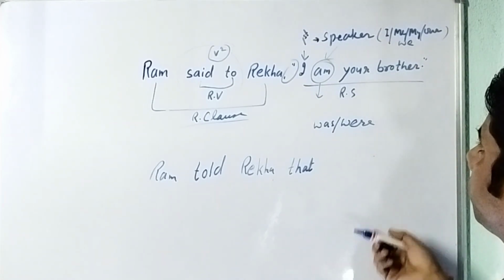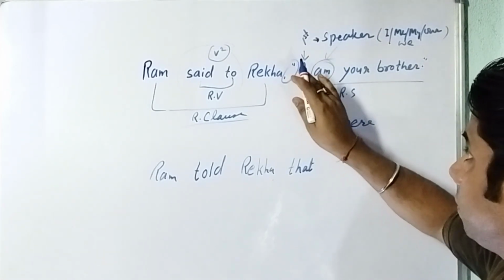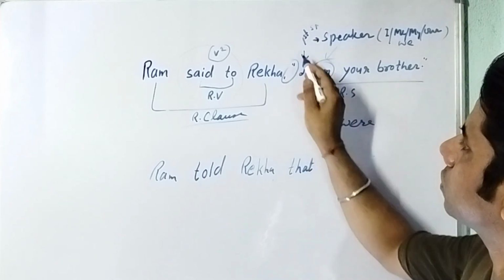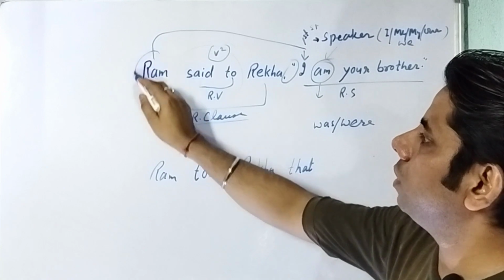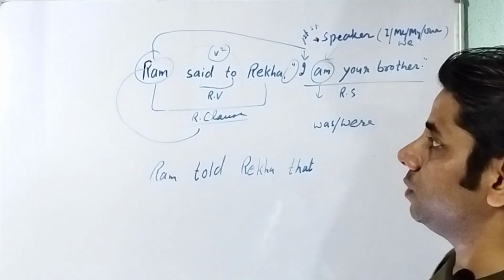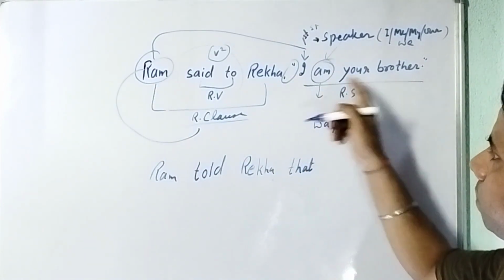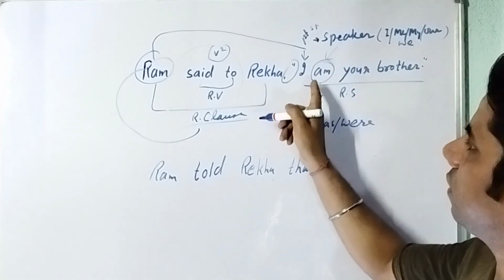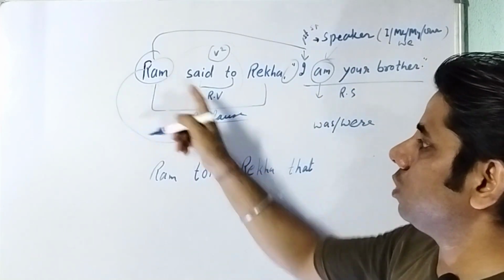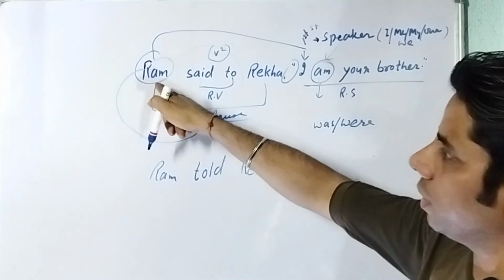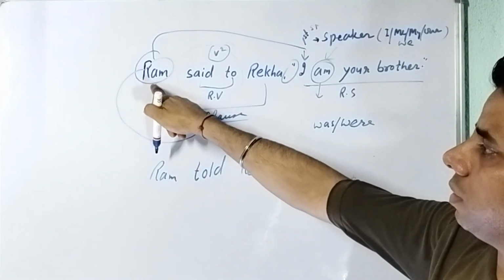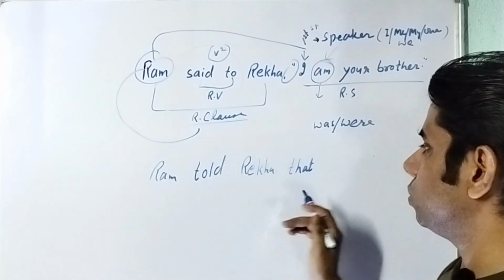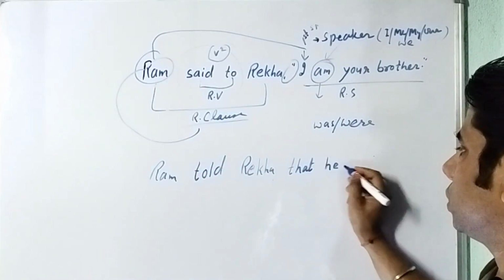Now if you see the first person, you have to focus on the subject of the reporting clause. You have to convert the first person according to the subject of the reporting clause. What is given here? Ram is related to male, so we should use he.